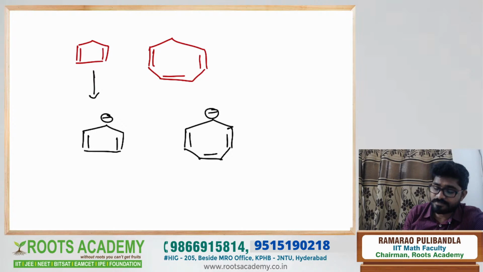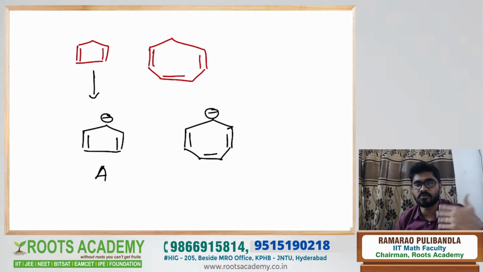Now, this is becoming aromatic because how many electrons are there in total? 6 electrons, no? The other is becoming anti-aromatic because 8 electrons are there. So after removal of the proton, it is becoming aromatic. That's why it's ready to lose the proton, because after removal of the proton it is becoming more stable by getting aromaticity, because aromaticity stabilizes like anything. So the first one is more acidic than the second one.